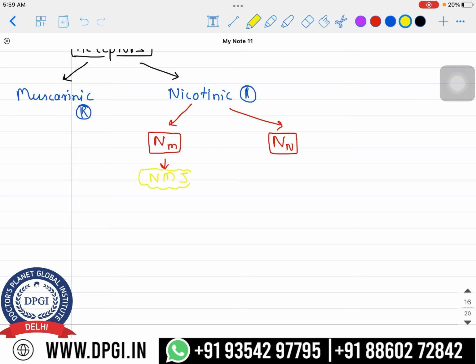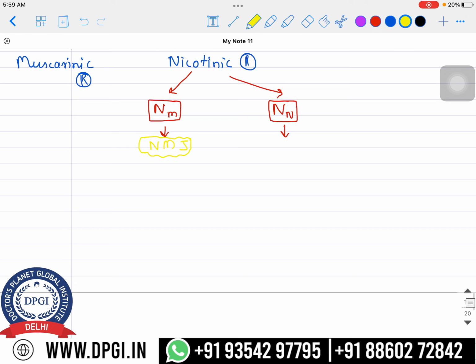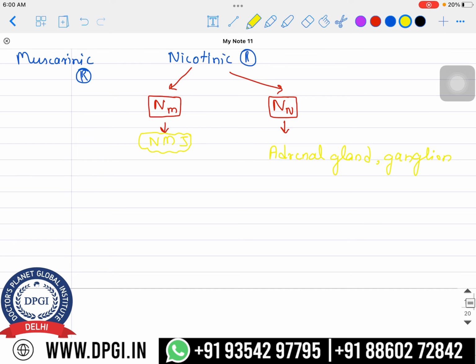And for the neuronal, you just need to remember the locations. They can be present in the adrenal gland, in the ganglion, and they can be located in the CNS as well. So these are the common locations as far as the neuronal receptor is concerned.